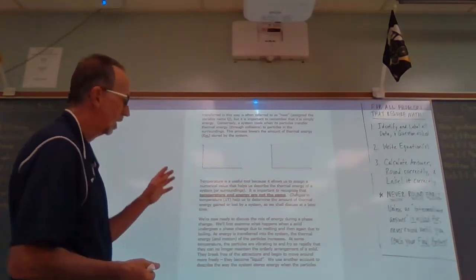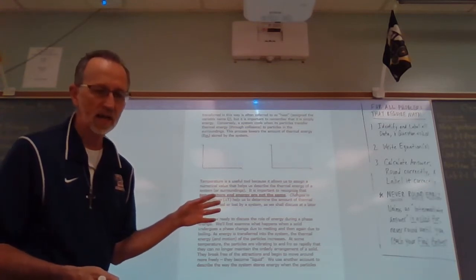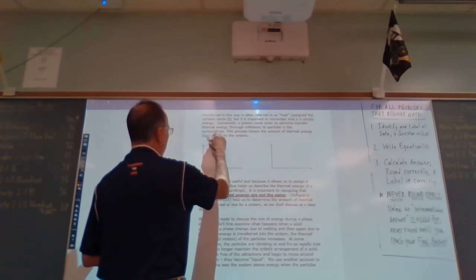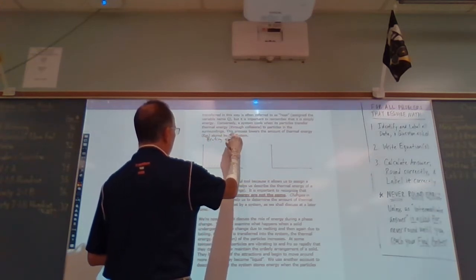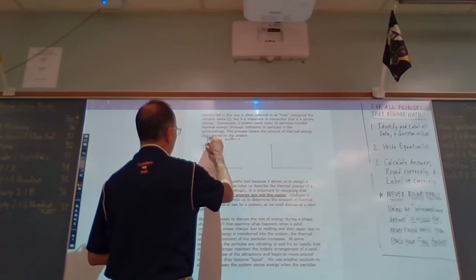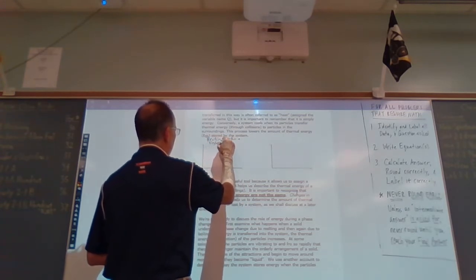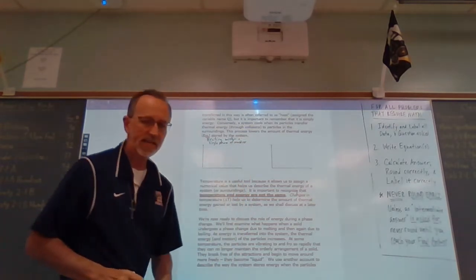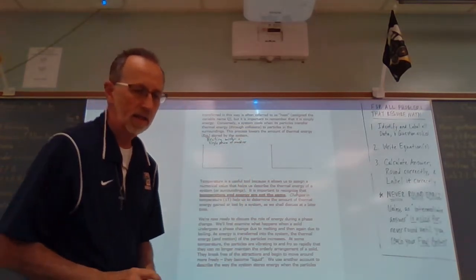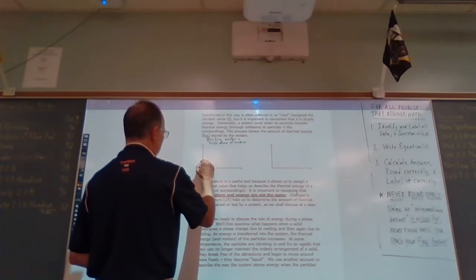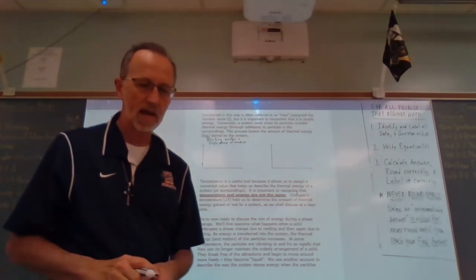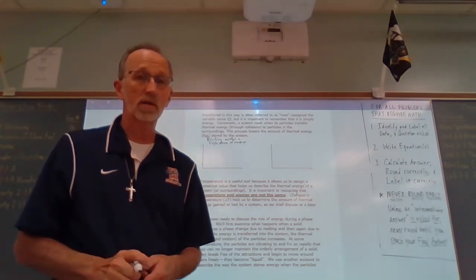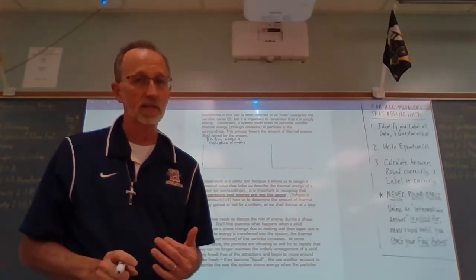So let's look real quick at heating within a single phase of matter. Basically, we're looking at one little section of a heating curve. Let's say we're talking about liquid water. Liquid water remains liquid water above 0 degrees Celsius and below 100.